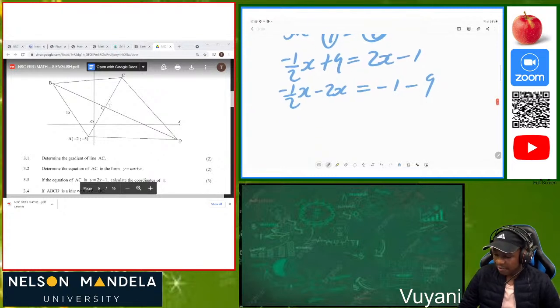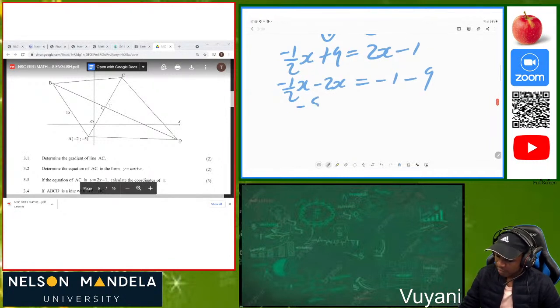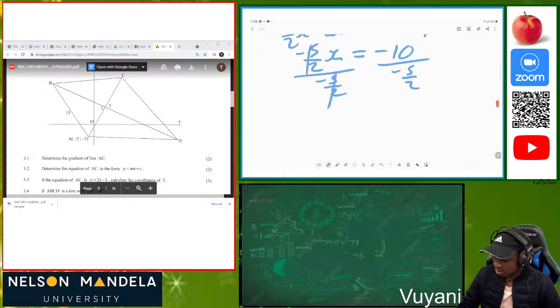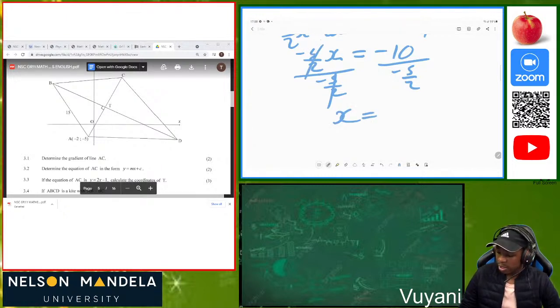So negative half minus 2 gives negative 5 over 2 x, which is equivalent to negative 10. Then you solve for x. These cancel each other, and you're left with x. Using your calculator, you get x equal to 4.